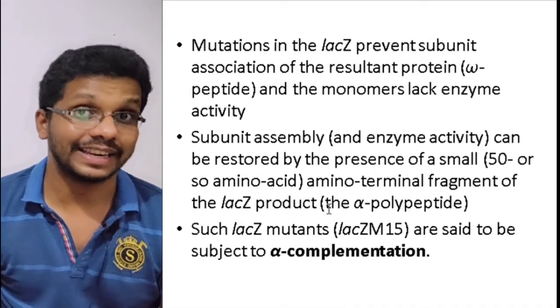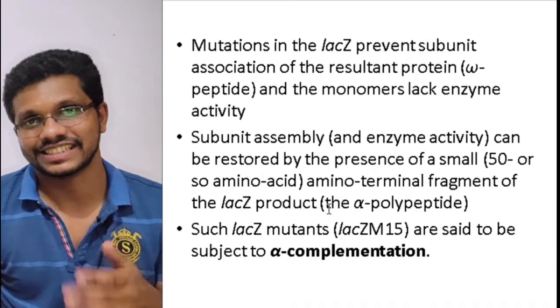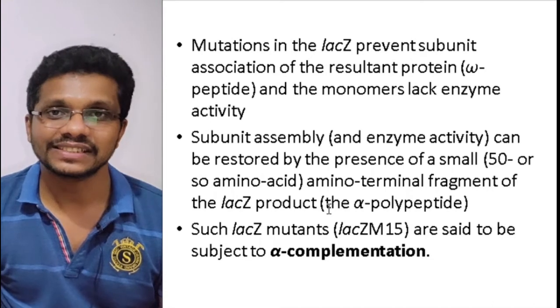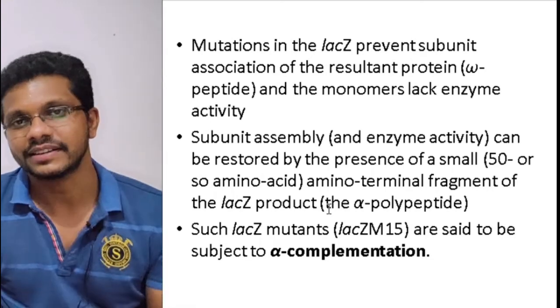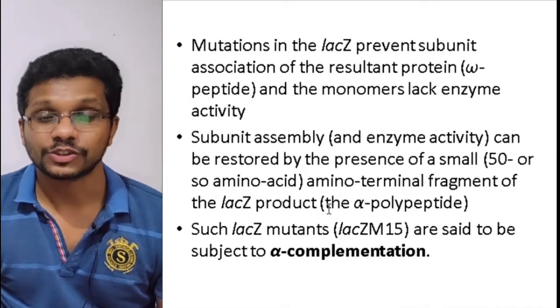And we have found another mutation, called LAC-C dash. LAC-C dash is the one in the pUC18 vectors. LAC-C dash is producing a very small peptide, with only 50 amino acids, called the alpha peptide.